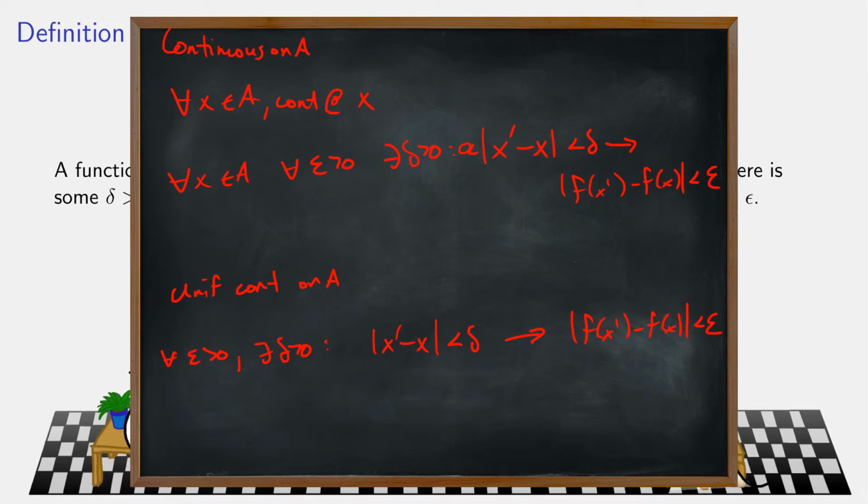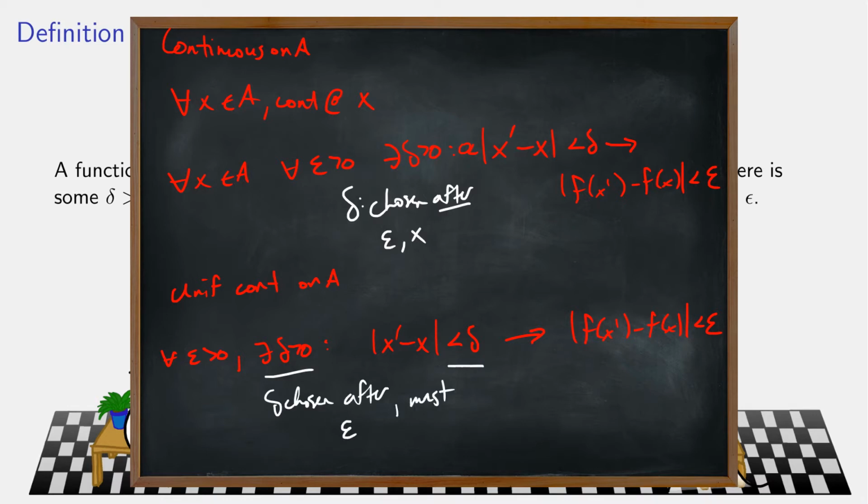In short, this says delta is chosen after epsilon and x. Here, delta is chosen after epsilon and must apply to all x in the set A, of course.